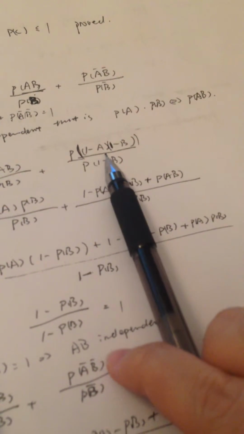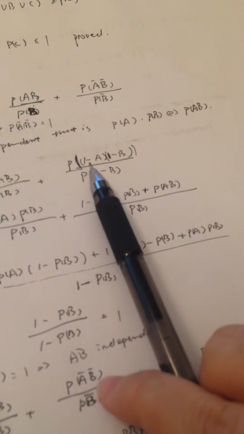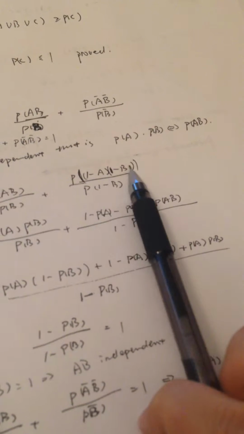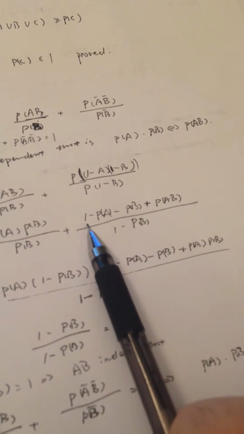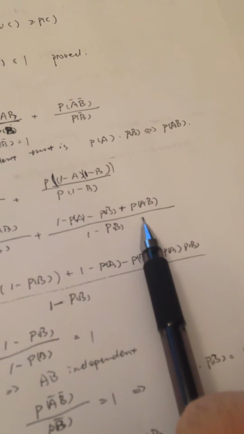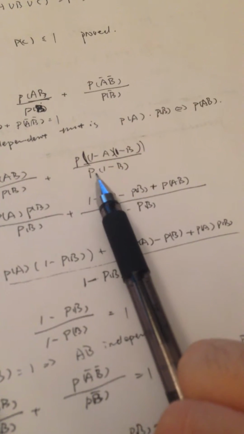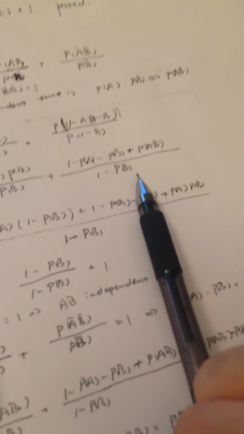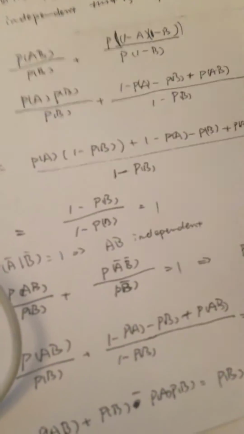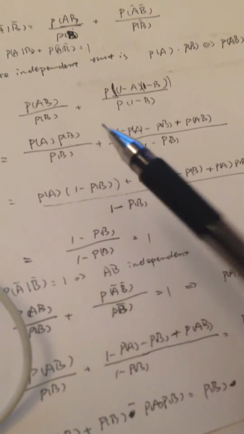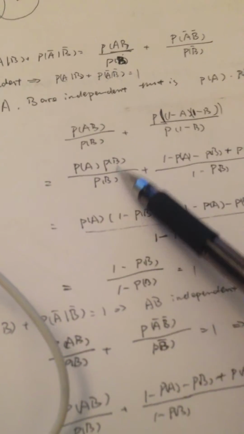The next part, the probability of 1 minus A times 1 minus B, we could write as 1 minus A minus B plus A and B. So this part goes to 1 minus the probability of A, minus the probability of B, plus the probability of A and B. The denominator is the same, 1 minus the probability of B. Then the B terms divide each other.